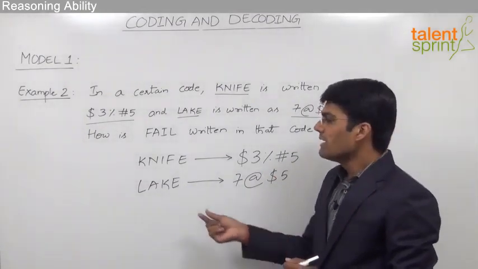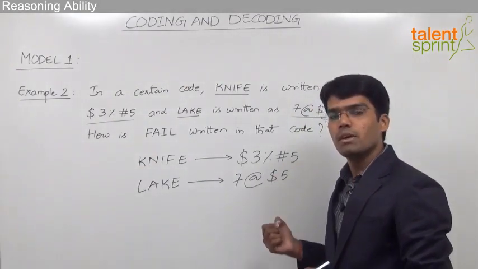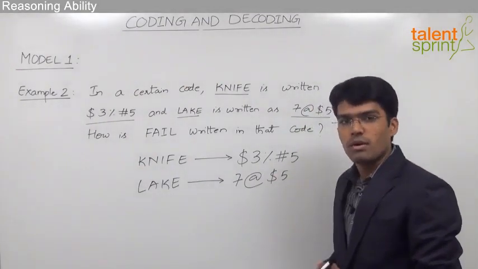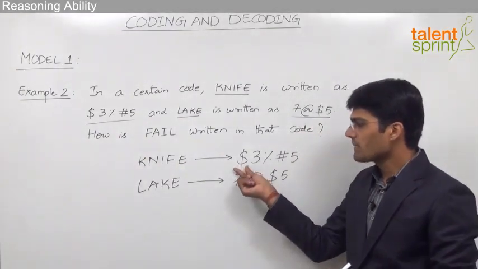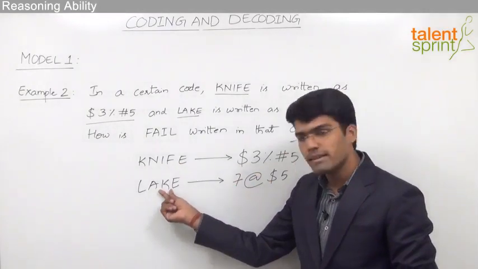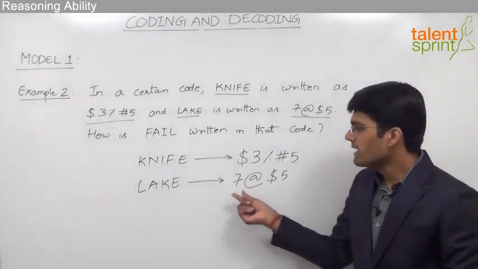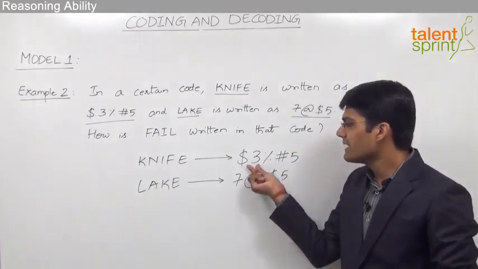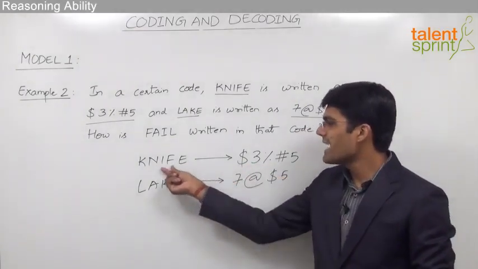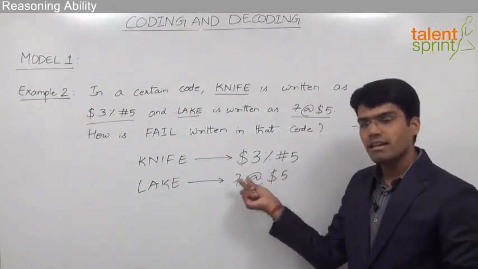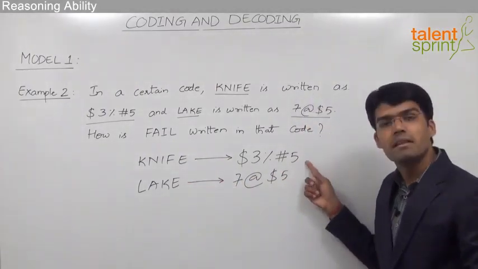It is simply the replacement of each letter with either a symbol or a number in the coded form. For example, the letter K is taken as $. Even in the second word, the third letter K is taken as $. On the coded side, the letter N is taken as the number 3. I is taken as %, F is taken as hash, and the letter E, which is present in both the words, is taken as the number 5.